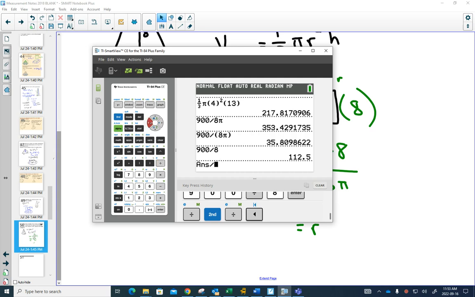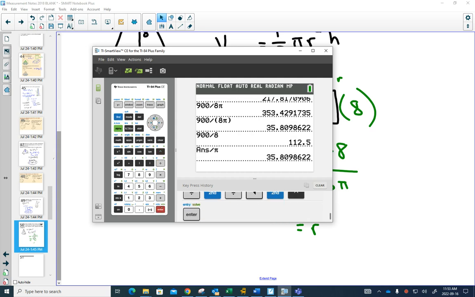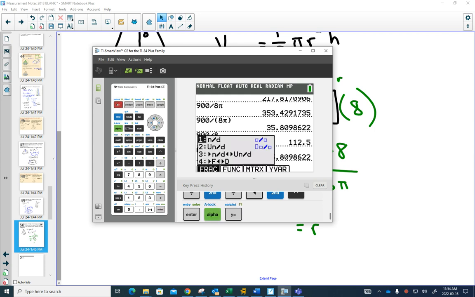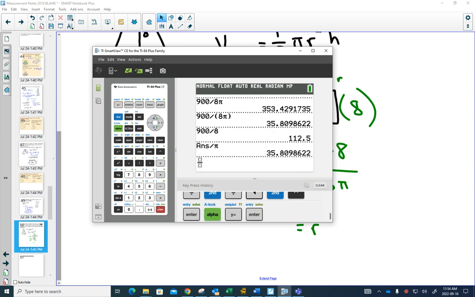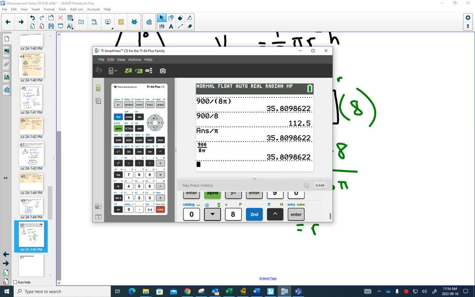That would also give you 35.8. Or if you have the graphing calculator and you use the fraction button, you can make no mistakes by making it look exactly like that. It works perfectly as well.